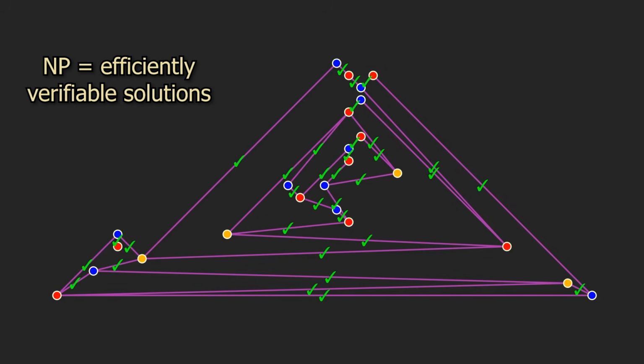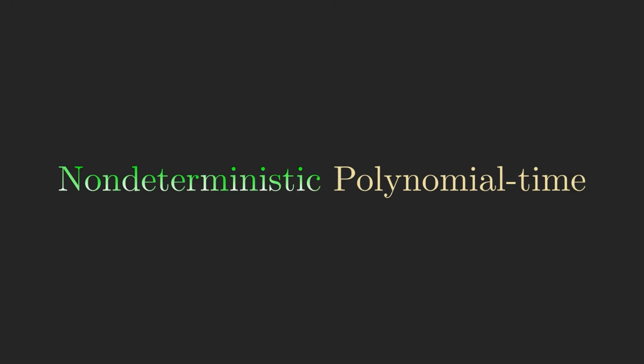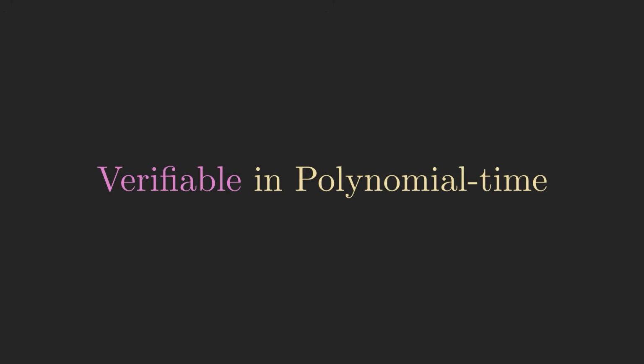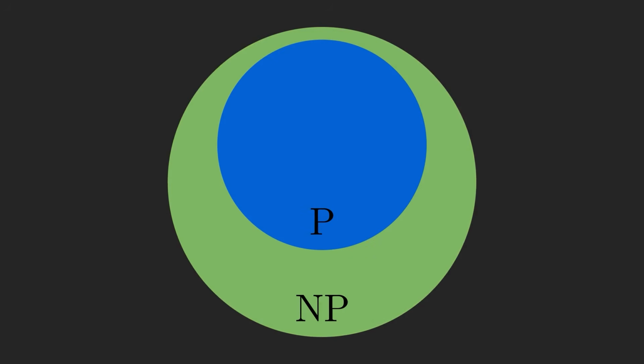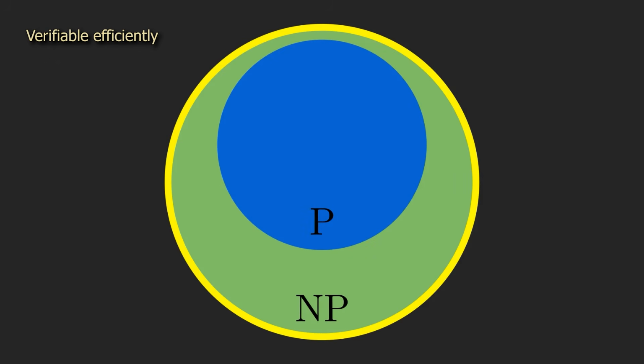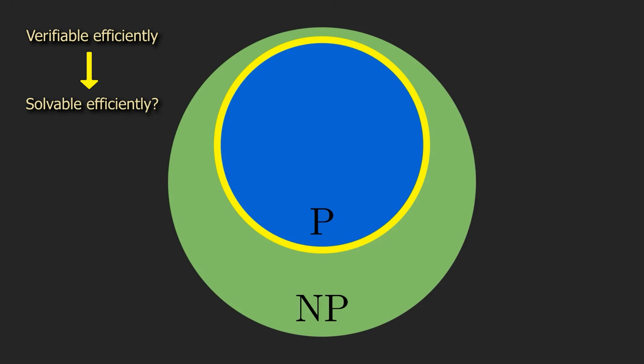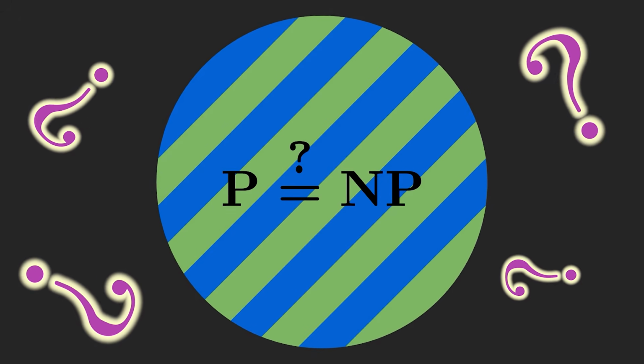Again, NP really just means the class of problems for which solutions can be verified in polynomial time. So the P versus NP question is whether any problem whose solutions can be verified efficiently, meaning in polynomial time, can also be solved efficiently, or in polynomial time. In other words, is P the same as NP?